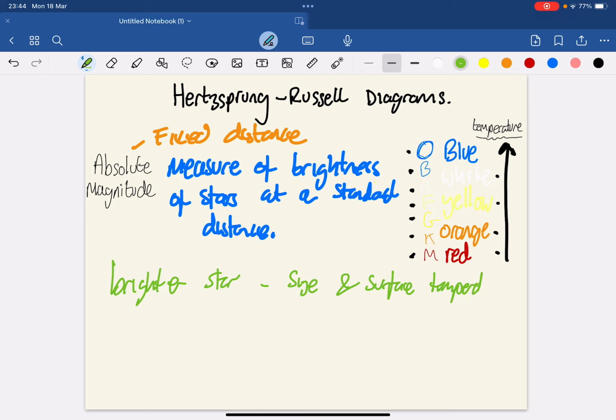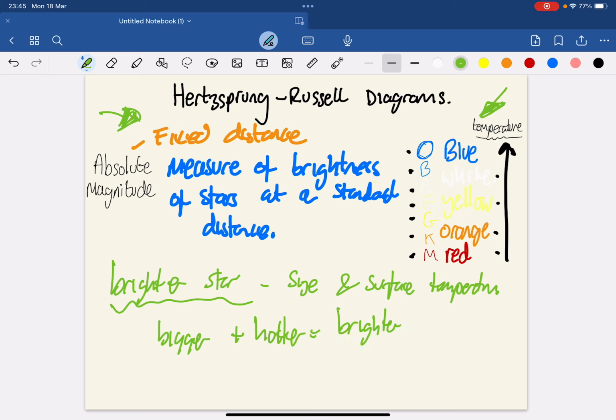And we can relate this column here and this column here to how bright the actual star is. And quite often we'll say that the bigger and the hotter it is, the brighter it will be. And that kind of makes sense to us.